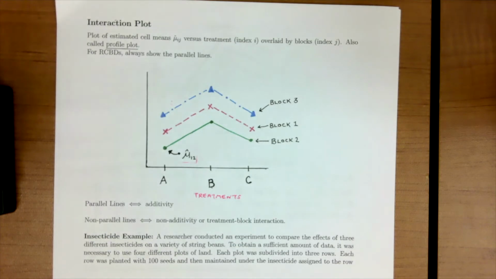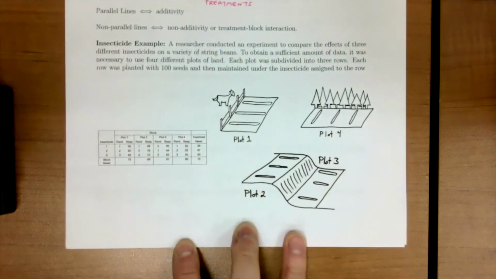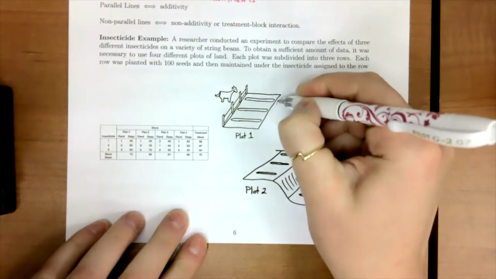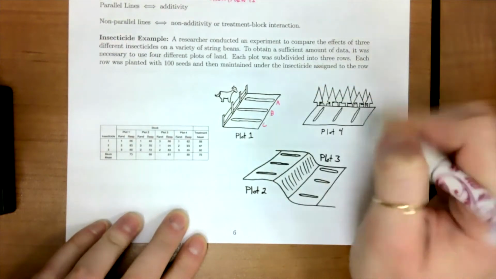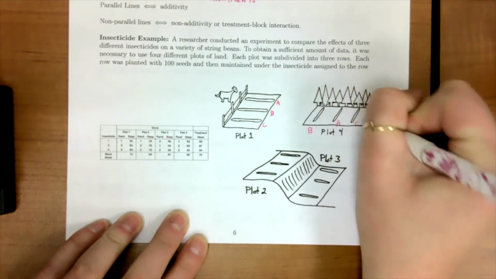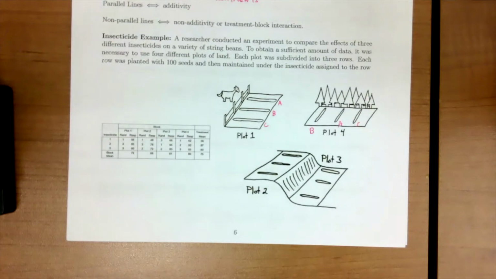So if we go back to our insecticide example, with additivity in a randomized complete block design, we are unable to look at what's called a block treatment interaction. So again, if we have our rows maybe labeled A, B, C, and maybe over here it's B, A, C. Again, you would randomize those.